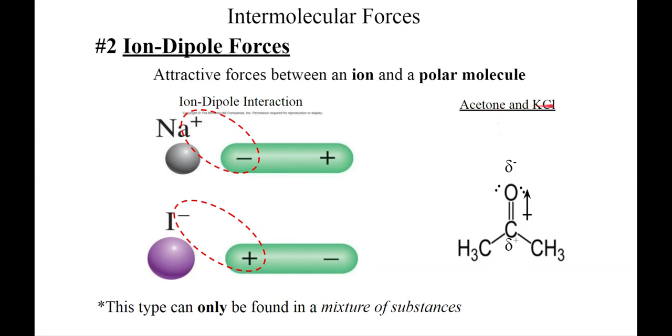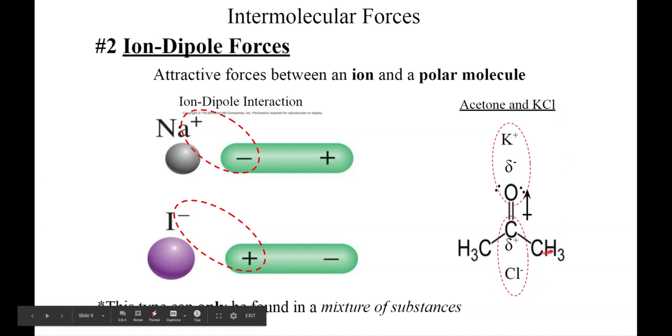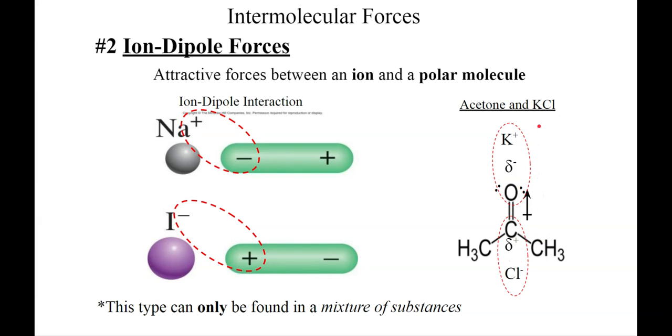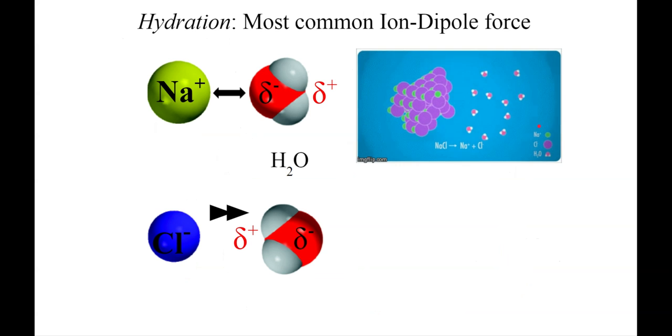If you mix acetone and KCl, since potassium is positive, it'll interact favorably with the oxygen. Since chloride is negative, it'll interact favorably with the partial positive. So if you try to dissolve potassium chloride in acetone, you'll find it will, because it has these ion-dipole forces, and these are, again, favorable interactions.